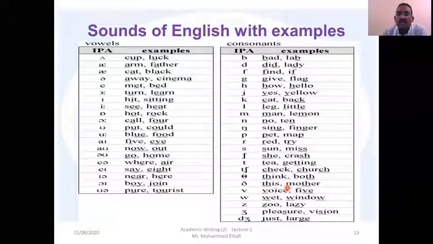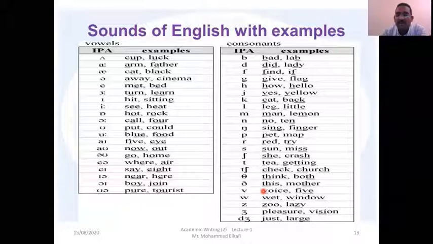Also the tongue touches the upper teeth. This, think, this. This one is the, as in voice.